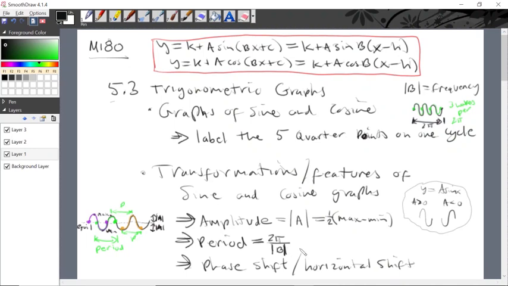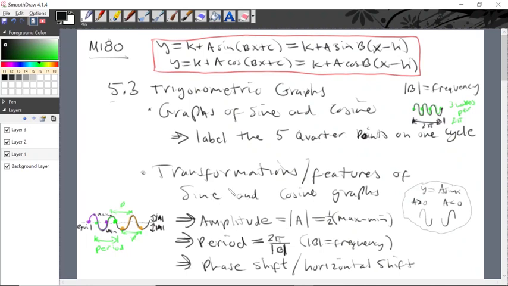If B is negative, I'll make a note again here that the magnitude of B is equal to the frequency of the wave. Now if B happens to be a negative quantity, we can use the even or odd symmetry of the function, that is either the sine or the cosine function.